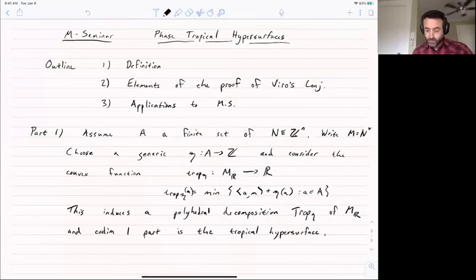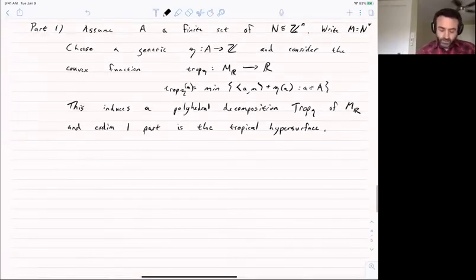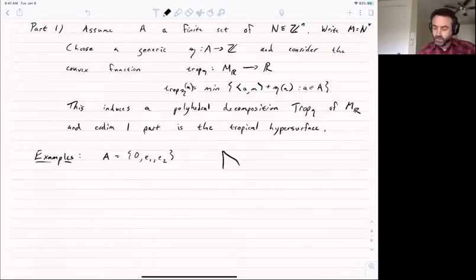So there are a lot of examples that people play with, but the main examples to consider, maybe one would be to take just some basis vectors. So here we have this polytope, and then I guess this is our tropical variety.